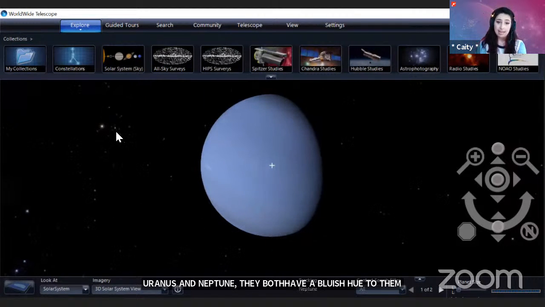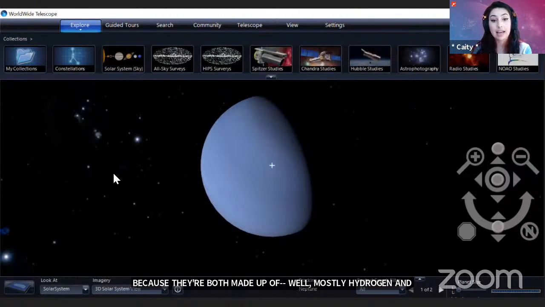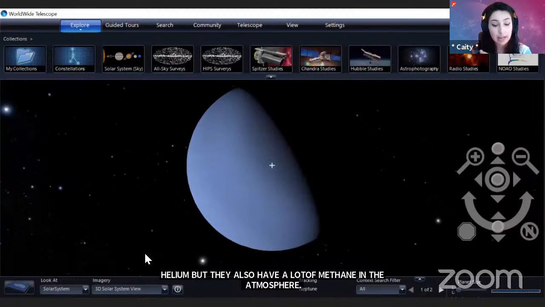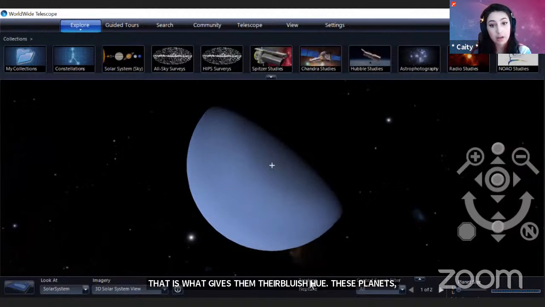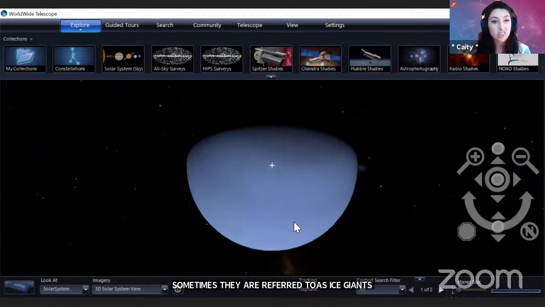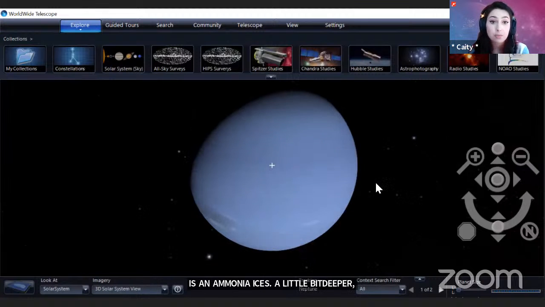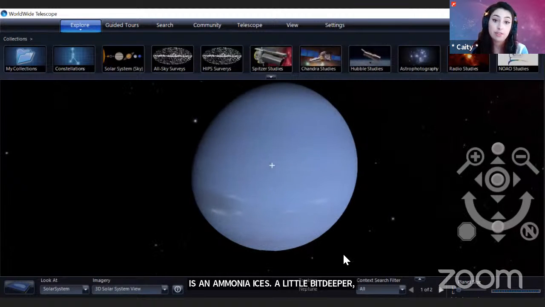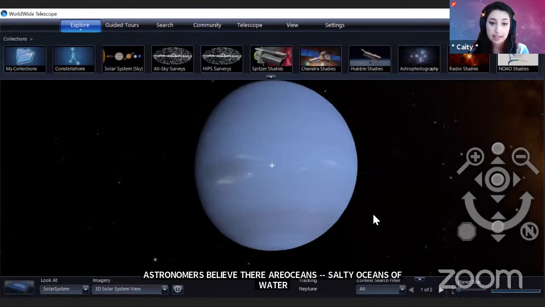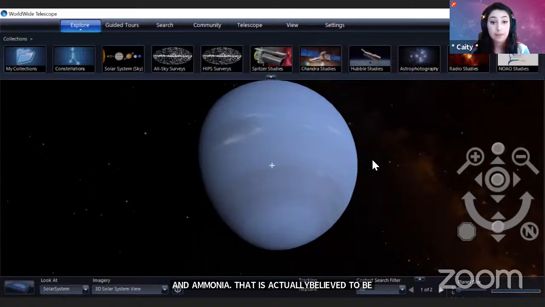So these planets, sometimes they're referred to as ice giants, and that's because inside of the atmospheres, there are water ices and ammonia ices. And a little bit deeper, astronomers believe that there are salty oceans of water and ammonia. And that's actually believed to be the source of the magnetic fields around these two planets, Uranus and Neptune, generating electric currents, creating the magnetic field.